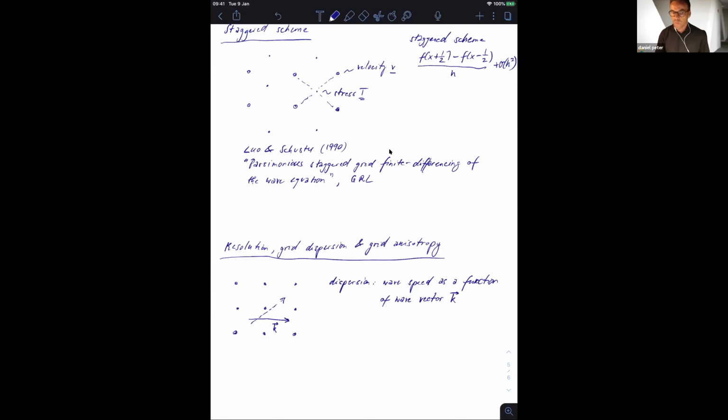Obviously, you want to minimize that effect. The grid shouldn't introduce an additional anisotropy or an additional dispersion effect. So it's usually part of the numerical analysis.